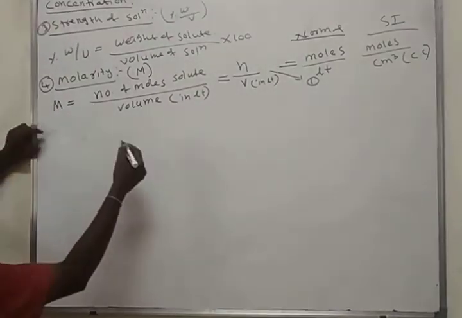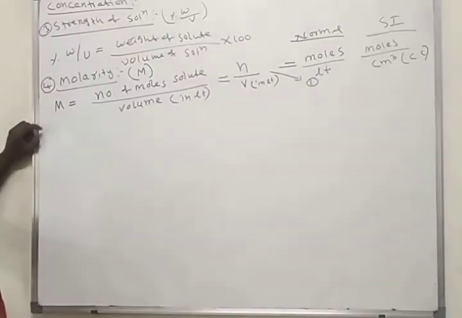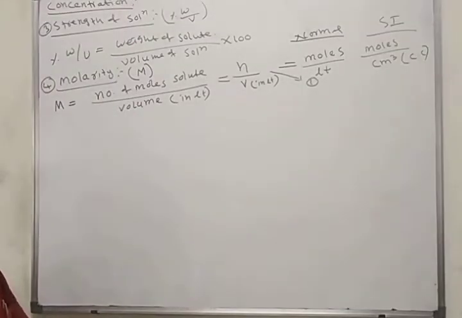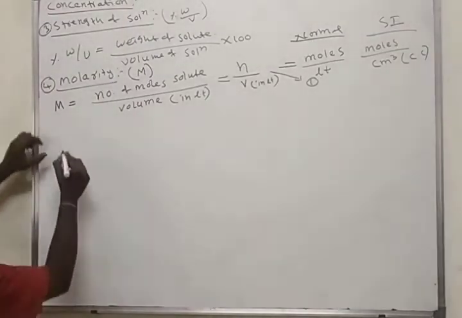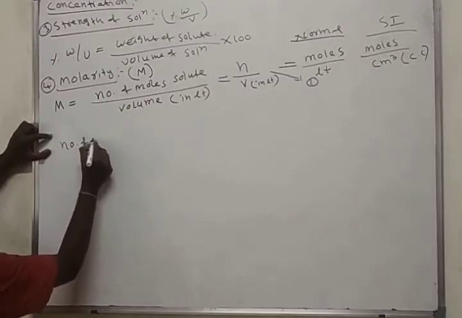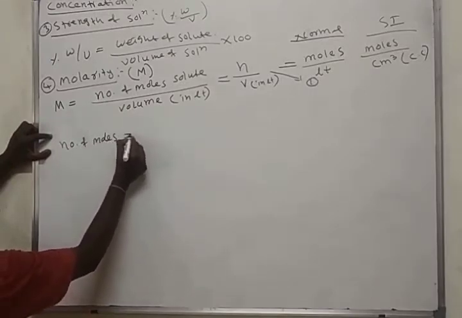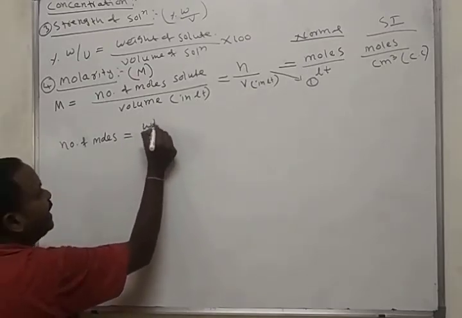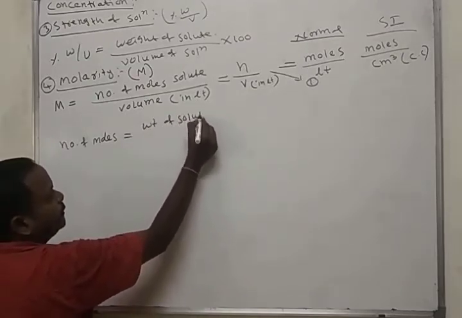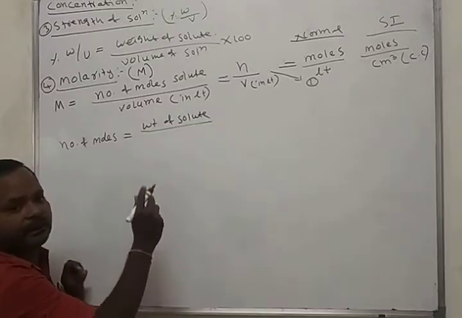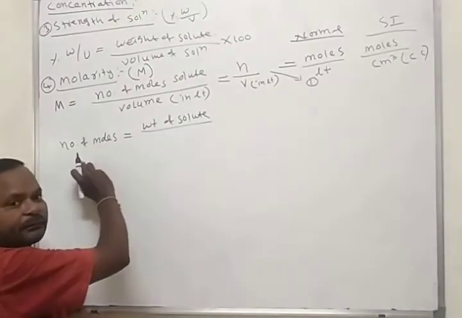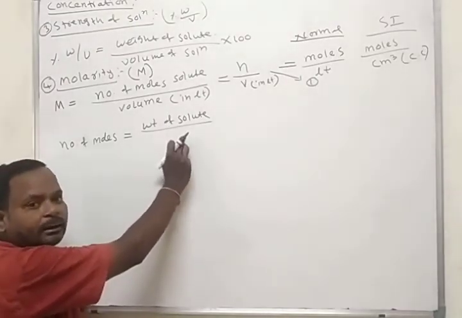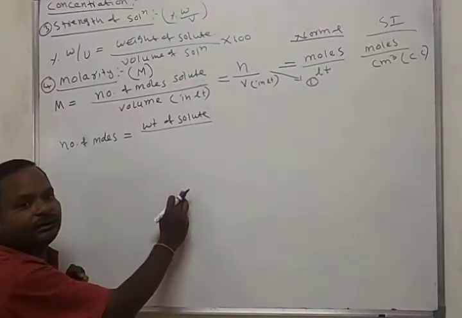Then we know the volume values, 1 liter, 2 liters, 3 liters. What is the meaning of the number of moles? The number of moles of a solution is calculated using this principle. The definition of number of moles is the ratio between the weight of solute and the molecular weight of solute.